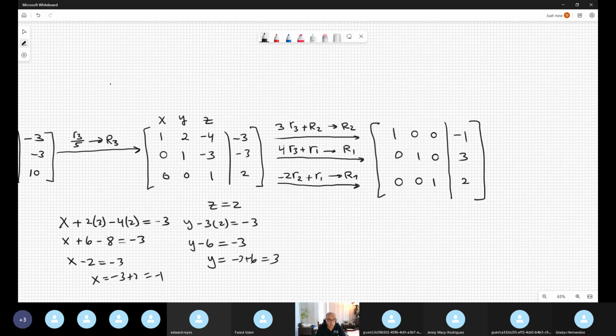So this so far was Gauss elimination, and these 3 more is Gauss-Jordan elimination. Entonces you see now super clear, crystal clear, that x is negative 1.